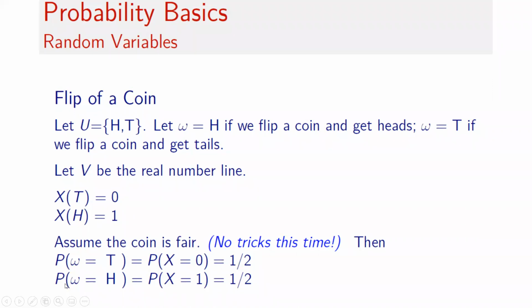And also the probability of omega equal to H is equal to the probability of X equal to 1, and that is equal to 1/2. This is how we changed the values from the universe to the vector space.